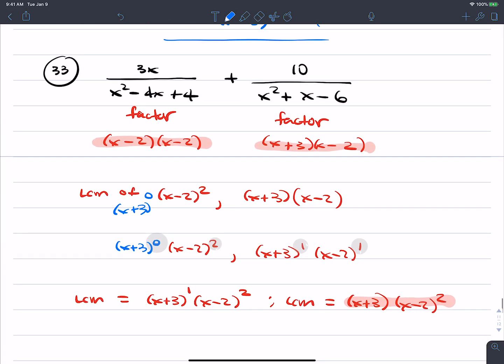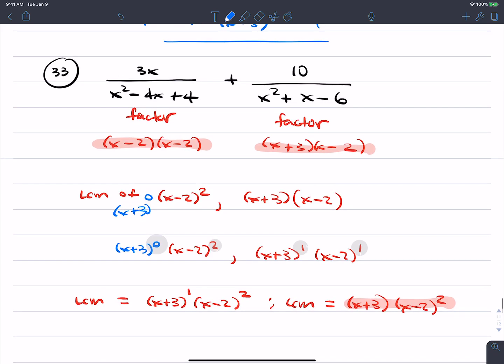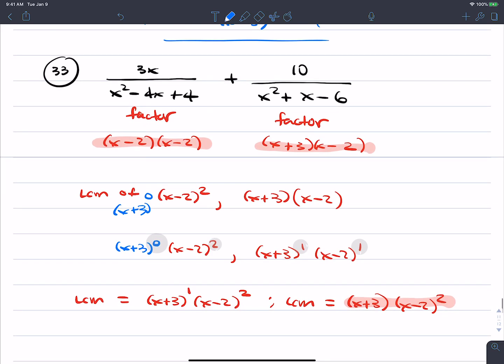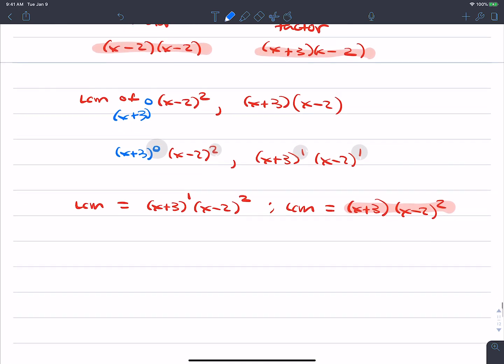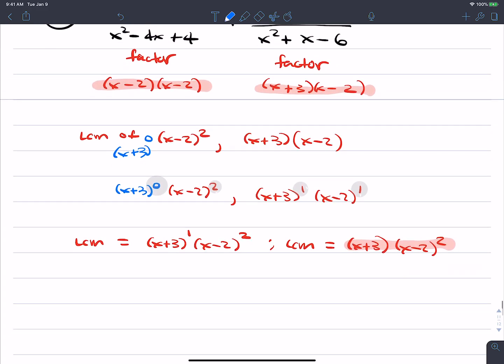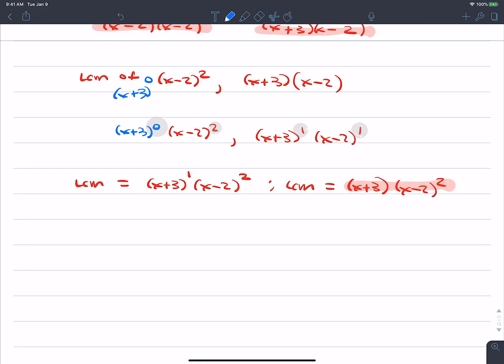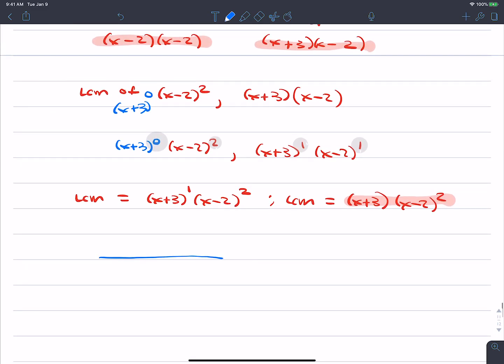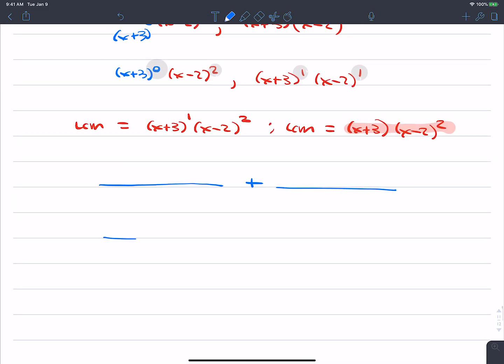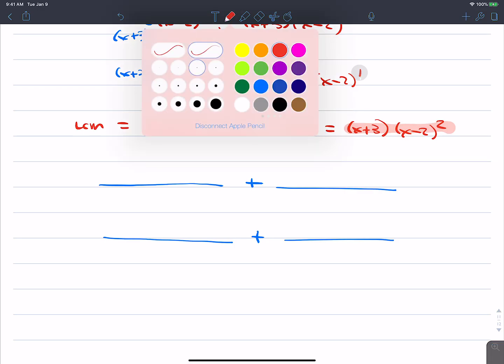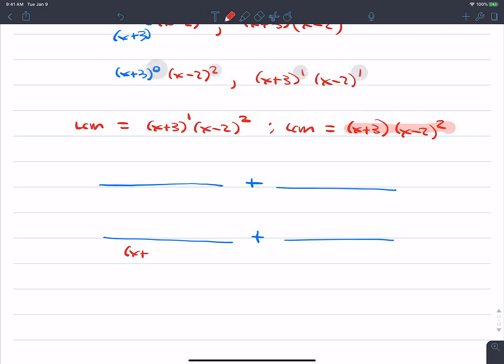So we're going to have to do our setup here. Okay, the LCM goes on the bottom here: x plus 3, x minus 2 squared.